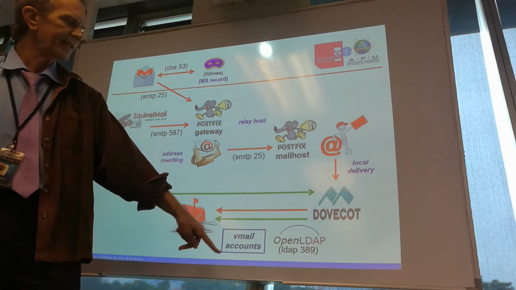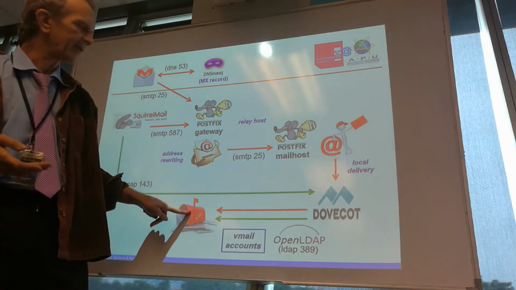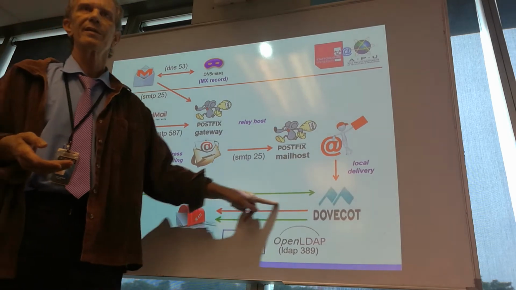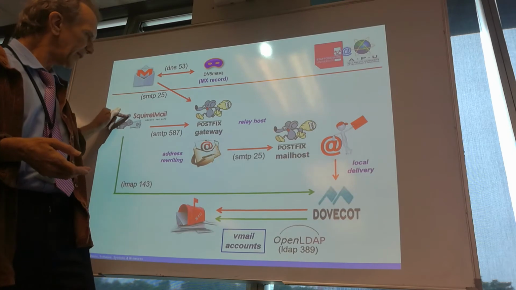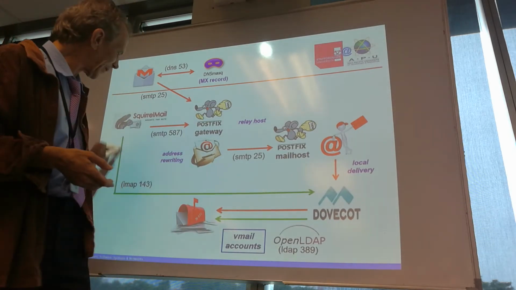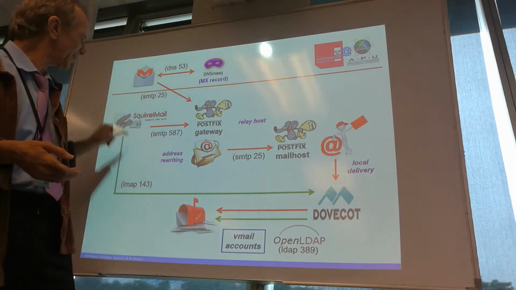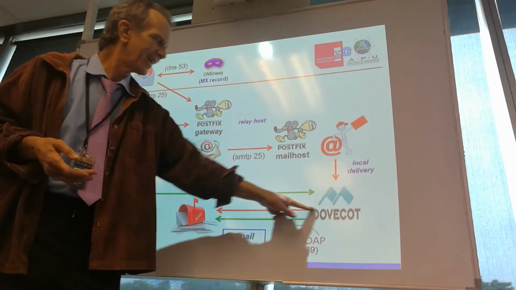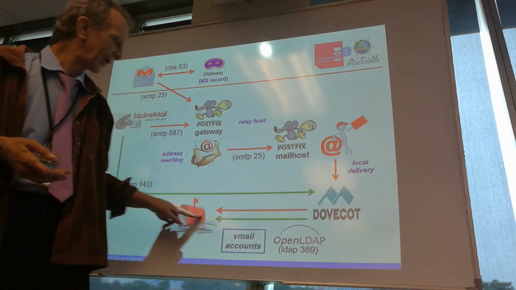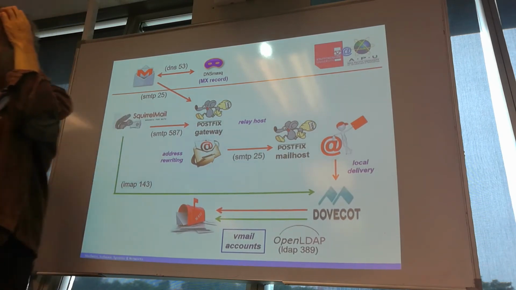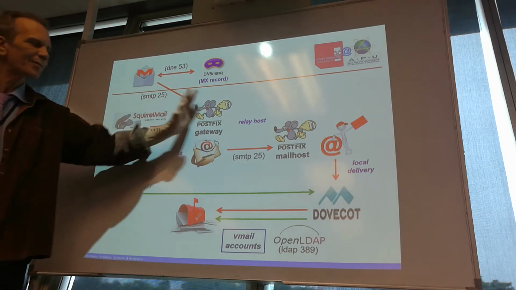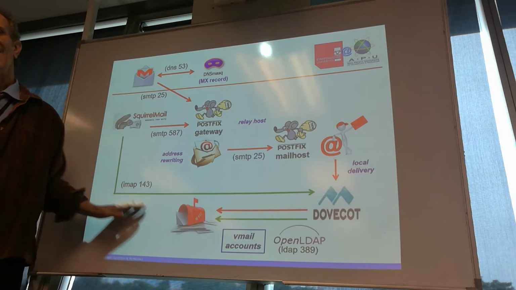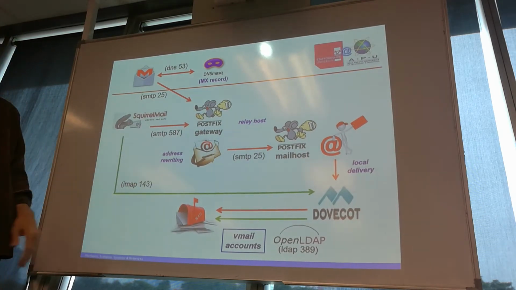If that person is listed there, it will automatically create a mailbox for them to save their email in, and then they can log in, and Squirrel Mail can check the LDAP for the password and log into Dovecot, and Dovecot will yield up their mail. It's a little bit complicated, but this is the real way mail works, and that's why we want to understand it.